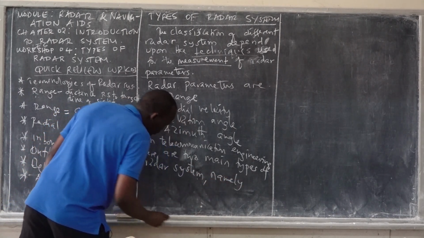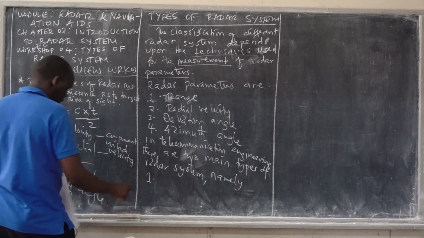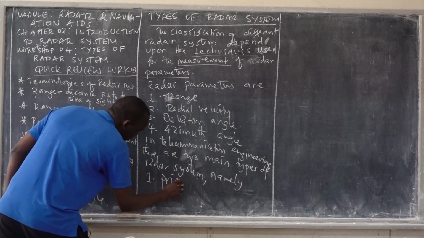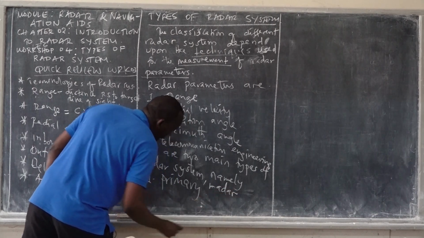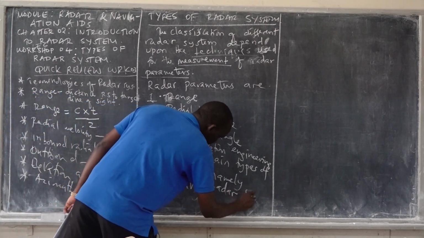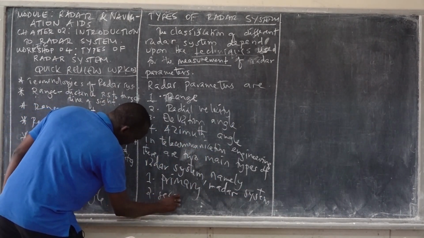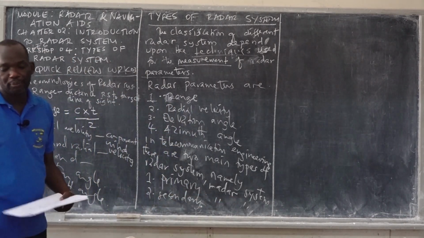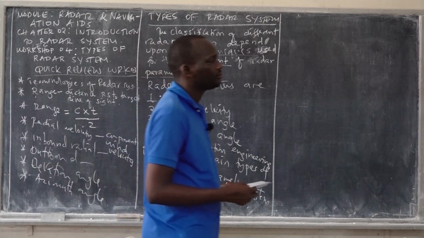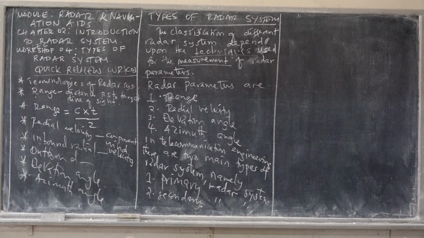Namely, the first one we call the primary radar system, and the second one is called the secondary radar system.